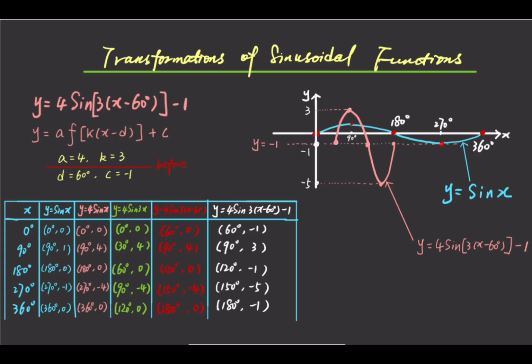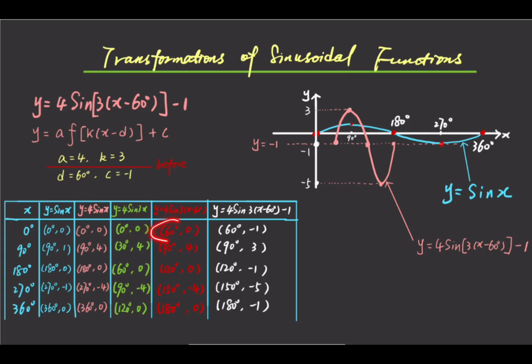After this, we need to figure out its image point on this transform function. For this function, every y-coordinate should be kept unchanged. You just need to move this x-coordinate to the right by 60 degrees, because here it is d, it should be positive 60 degrees. So you need to translate this point to the right side by 60 degrees. That is, y-coordinate will be unchanged.